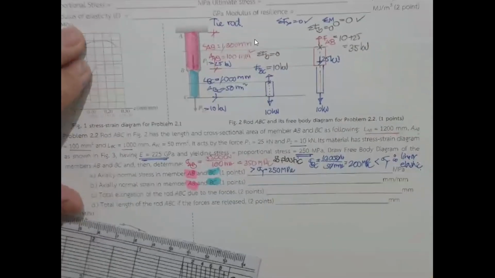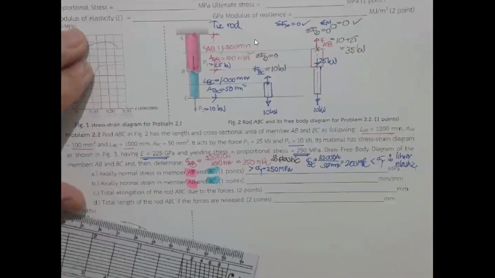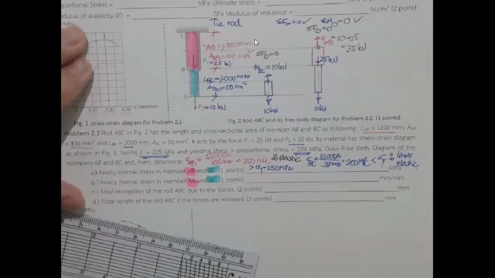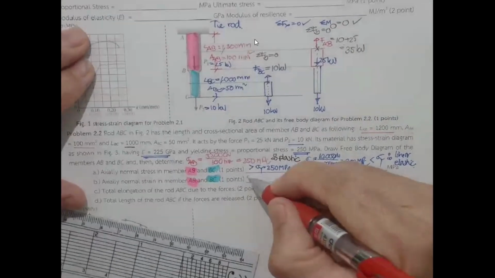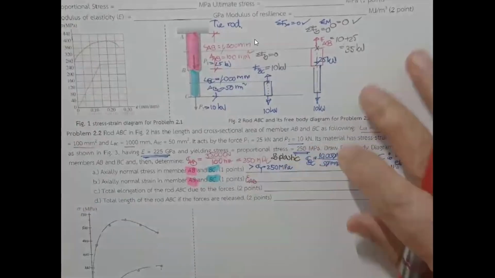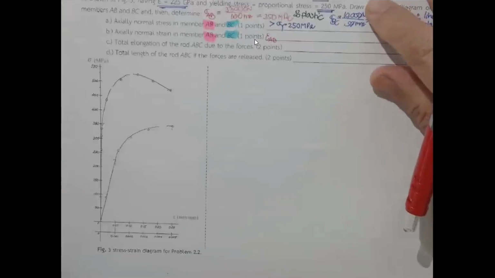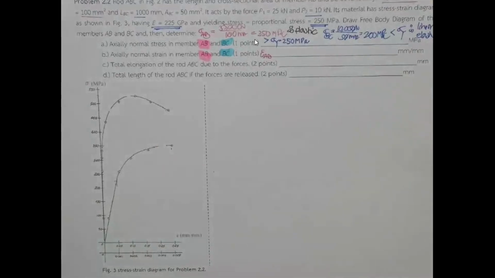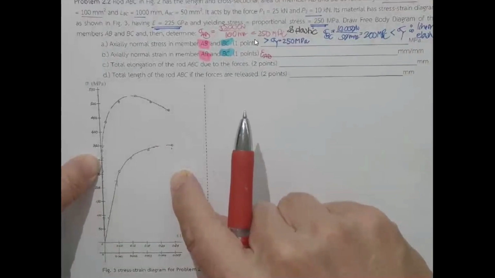Now, again, for the strain, we have to determine strain sub AB. But for this one, you have to go down over here. We have the stress-strain diagram of this problem 2.2 over here, not on the top.